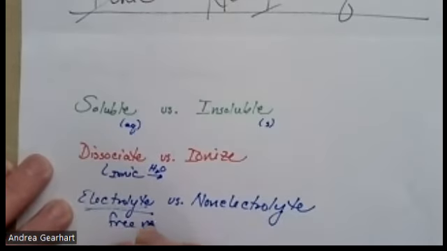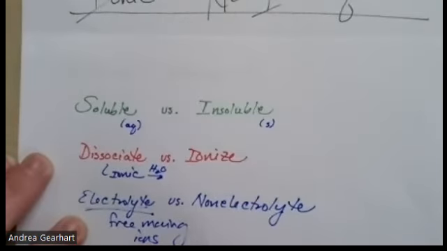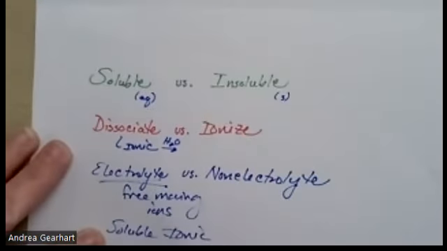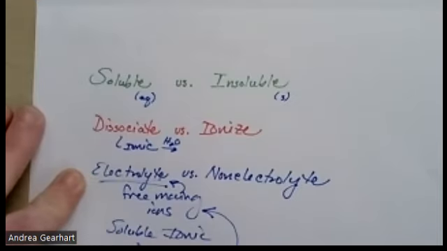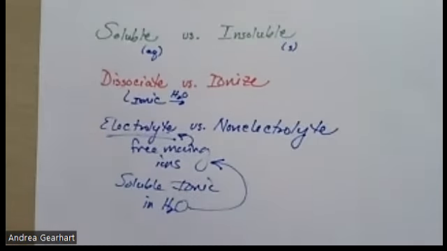So free moving ions. We know soluble ionic solutes in water create the free moving ions that then will light up the light bulb and act as an electrolyte, as we saw in class.